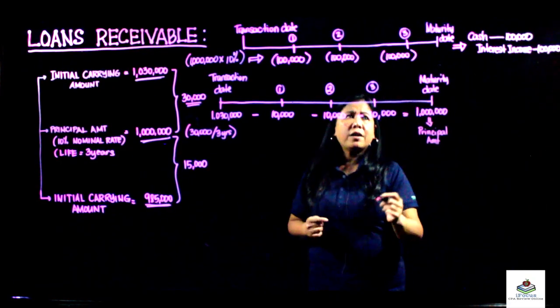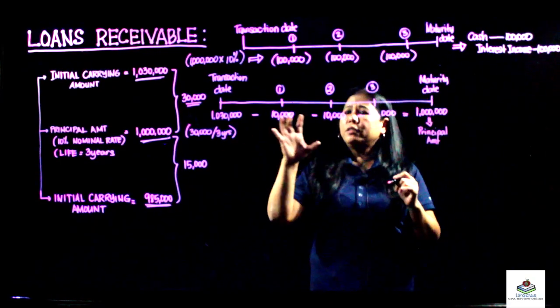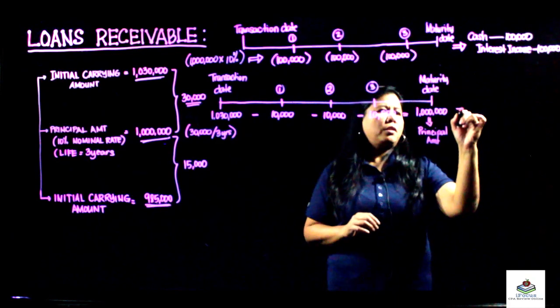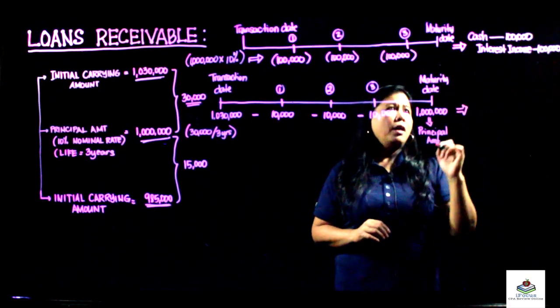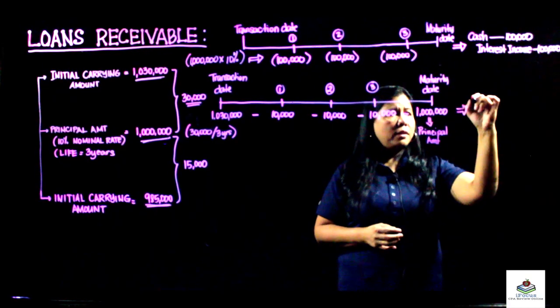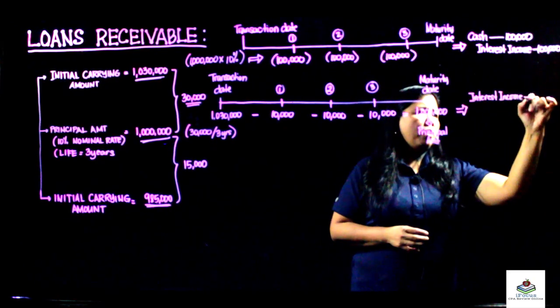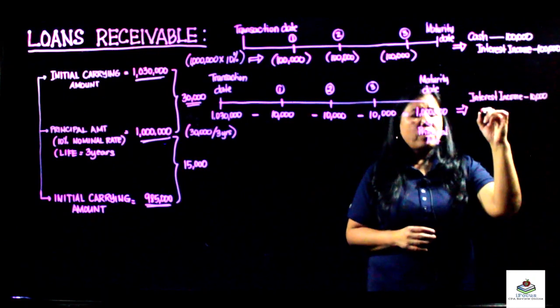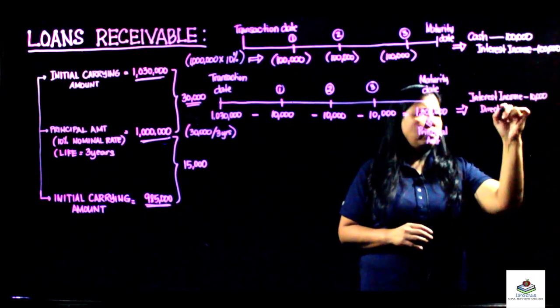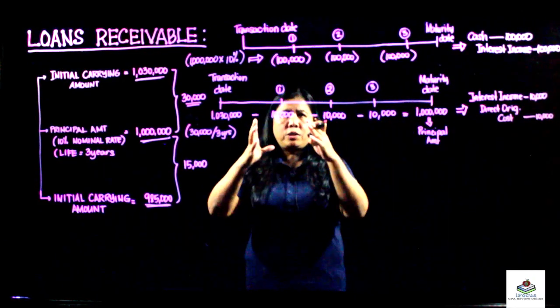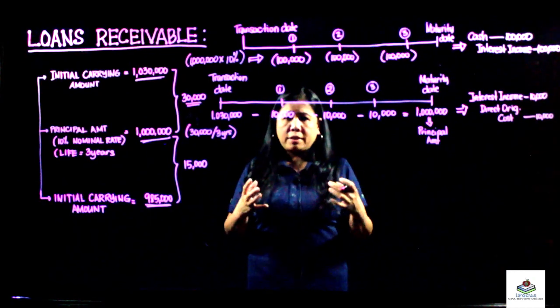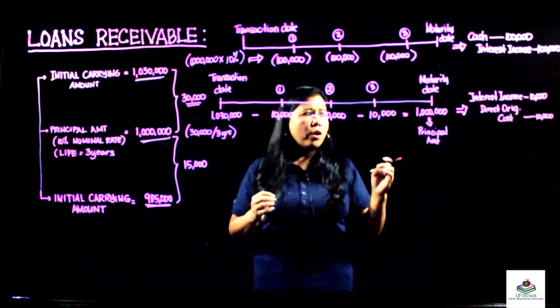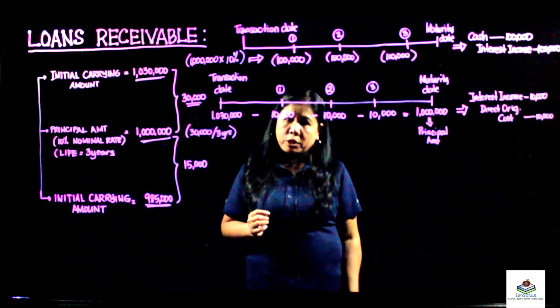All right, and our entry on this amortization every year will be debit to interest income of 10,000 and credit to direct origination costs. So on the first year, after you amortize the 10,000, your direct origination cost will be 20,000.